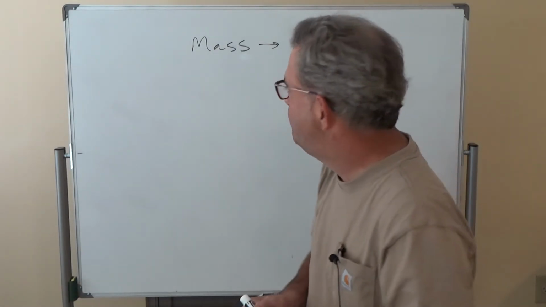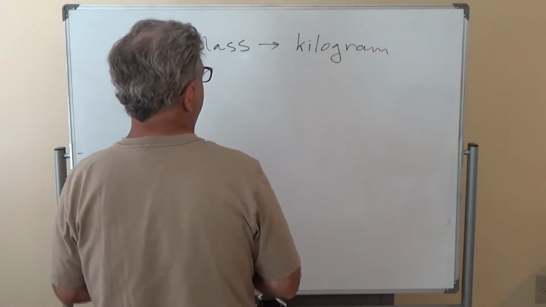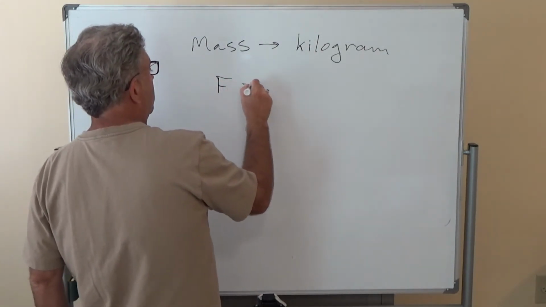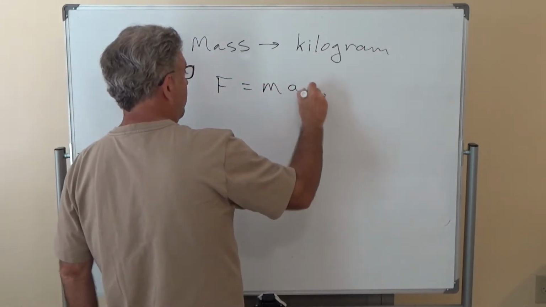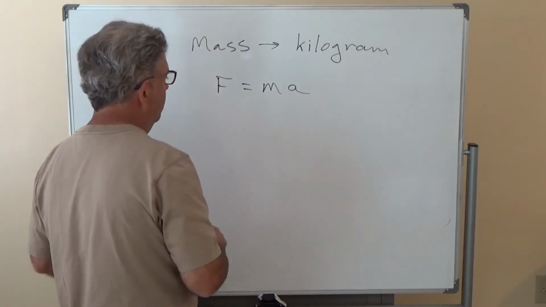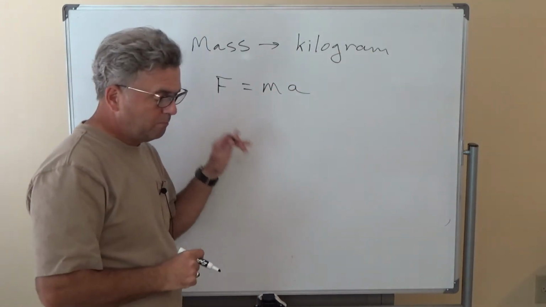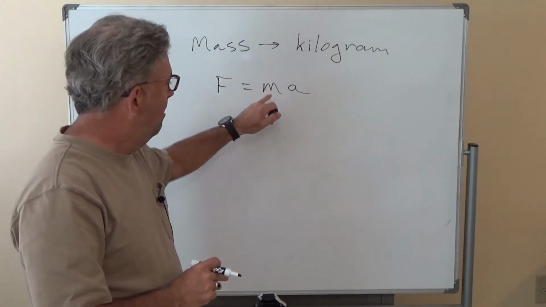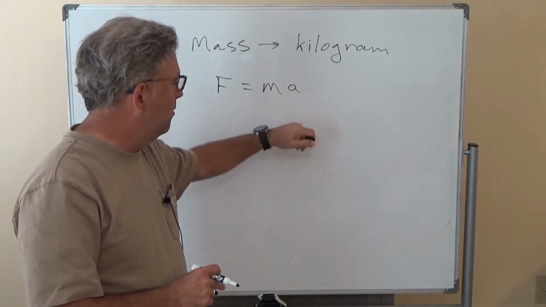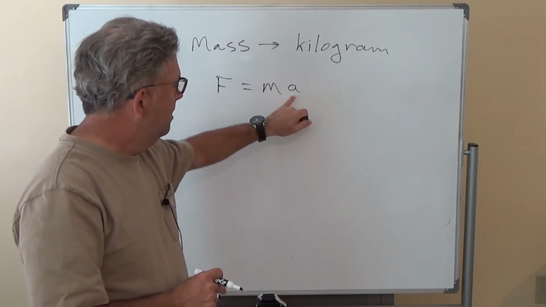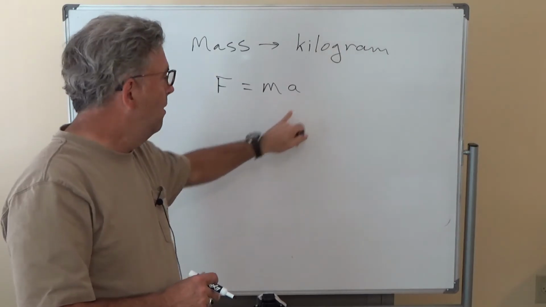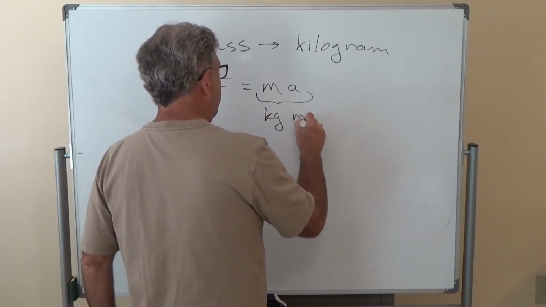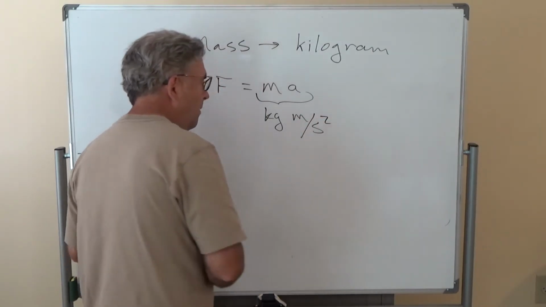All right, so mass is measured in kilograms. Force, since we already know Newton's second law, this is for the magnitude of the force. Mass is in kilograms, acceleration is in meters per second squared. So this has units of kilogram meters per second squared.